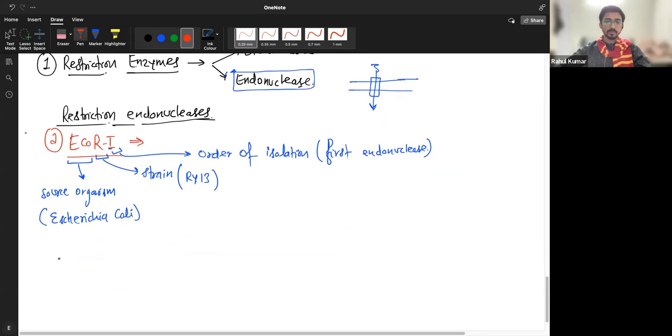Similarly, you have one more that you have to study, which is HindII. Now you tell me, the first three letters, Hin. What does Hin mean? Anyone knows the source organism in this case? It's something that you have studied already. It's Haemophilus influenzae.